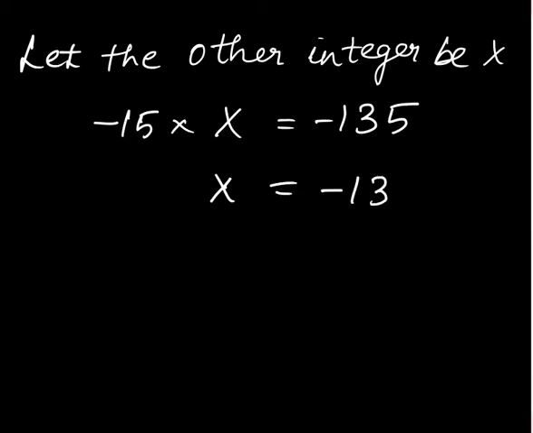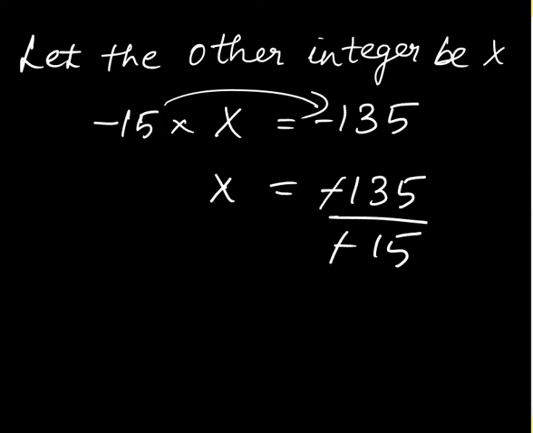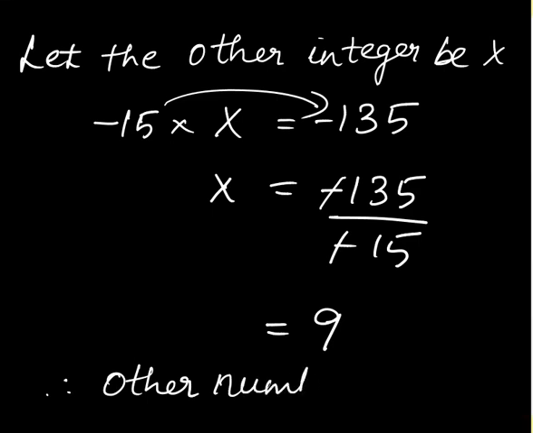So minus 135, here it's in multiplication. So when it comes this side, it becomes division. So minus 15. Minus minus will get cancelled. 135 divided by 15, the quotient is x. So therefore, other number is equal to 9.